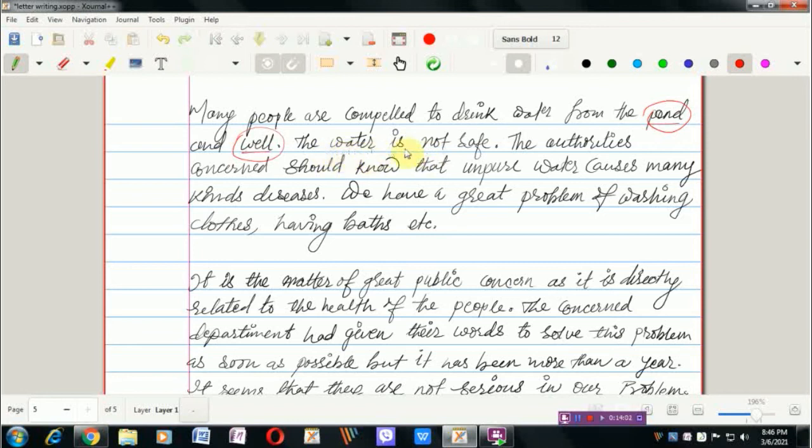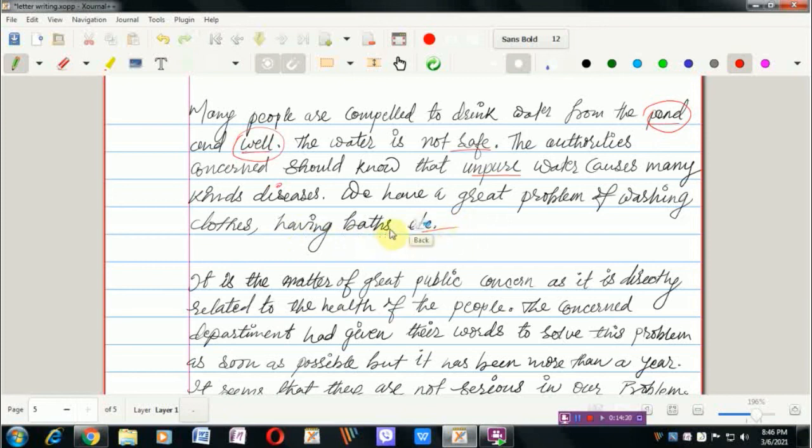The water we get from wells or ponds is not safe. The authorities concerned should know that impure water causes many kinds of diseases. We also suffer from many kinds of diseases because of dirty, unsafe water from ponds and wells. We also have a great problem washing clothes, having baths, etc.